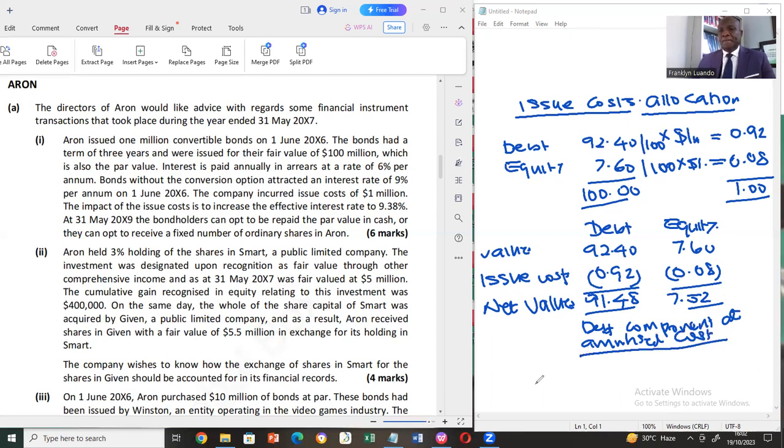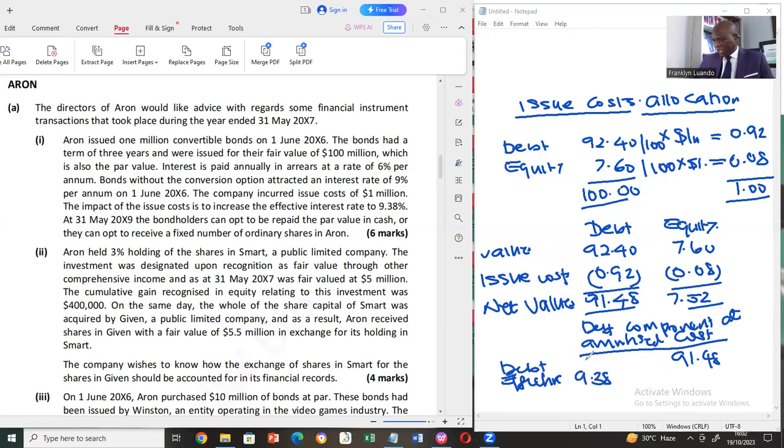We have the debt 91.48. Effective interest now will be 9.38%.